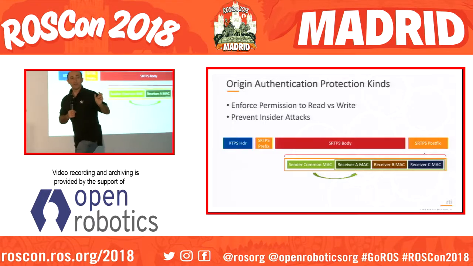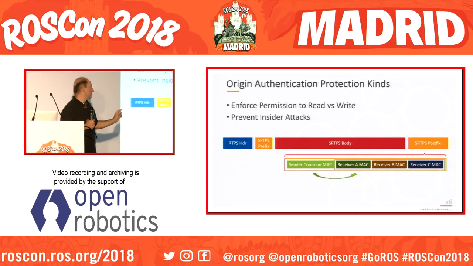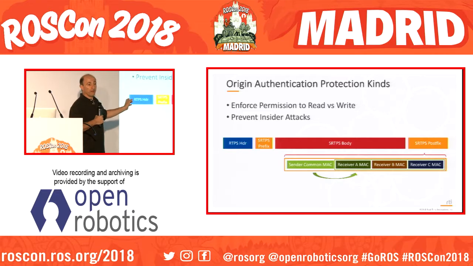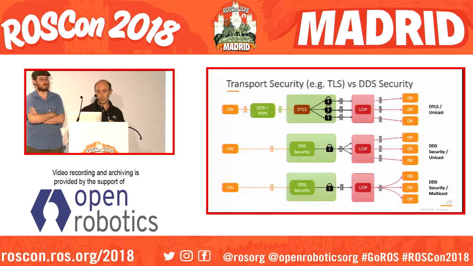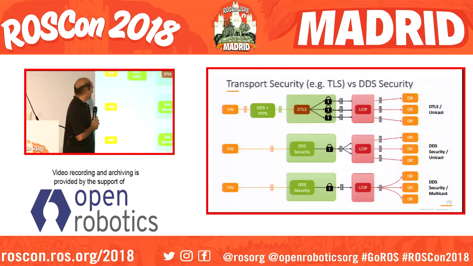So that adds a little bit of payload, right? But it adds like 128 bytes of payload, or 128 bits, sorry, of payload to every message per receiver. It's much more efficient than sending the whole message again with a different key, like something like TLS or something would do. So in the end, you can see here what happens with DDS security versus other technologies.